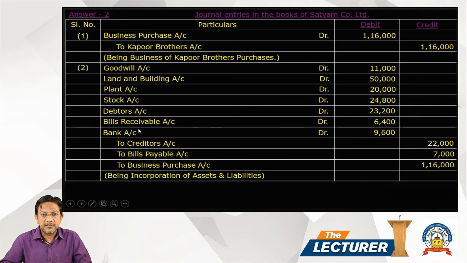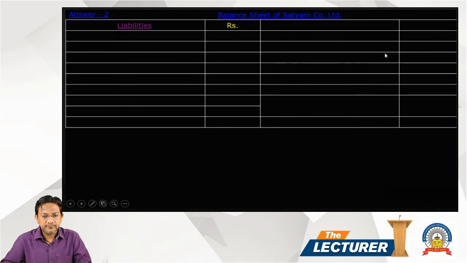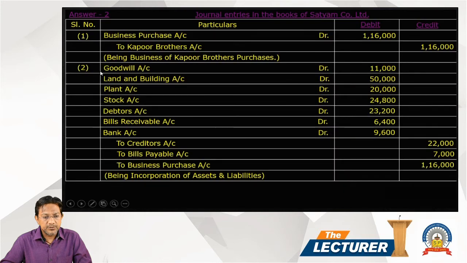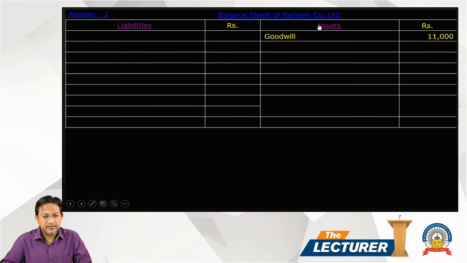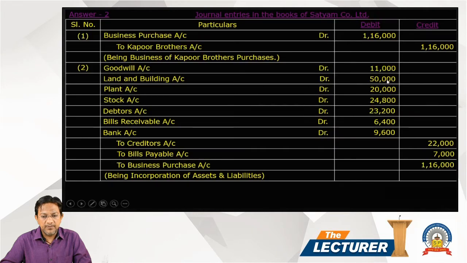Now this entry will be reflected in the balance sheet. So we have to prepare the balance sheet. Now we draw the balance sheet. This is the balance sheet. So put the assets and liabilities. Asset side: goodwill 11,000. Then land and building 50,000.